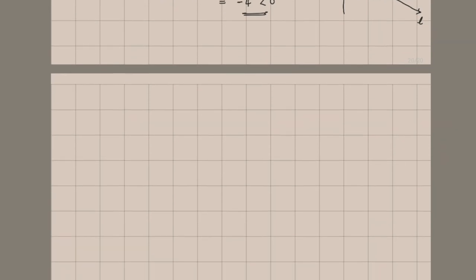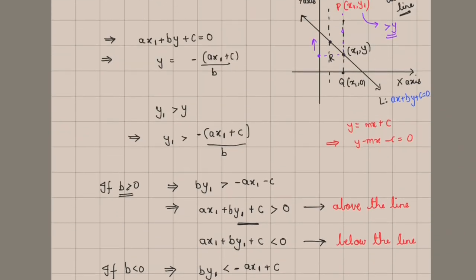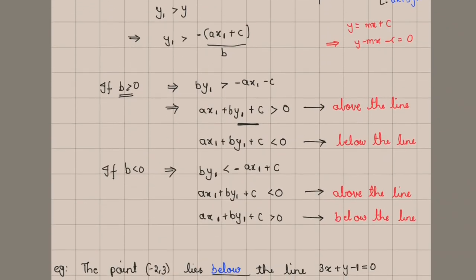Now we will see the position of 2 points, whether they are on the same side or on the opposite side. This is also so simple. We know that every point above the line will give the same sign, because if ax1 plus by1 plus c is greater than 0, then all the points which satisfy this lie above the line.